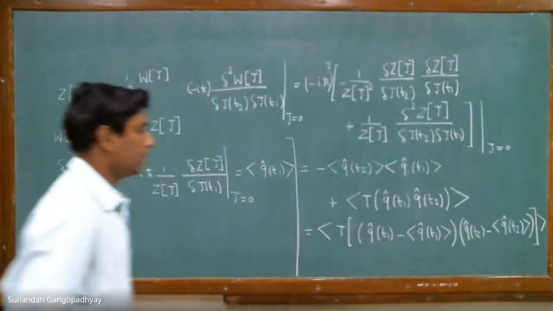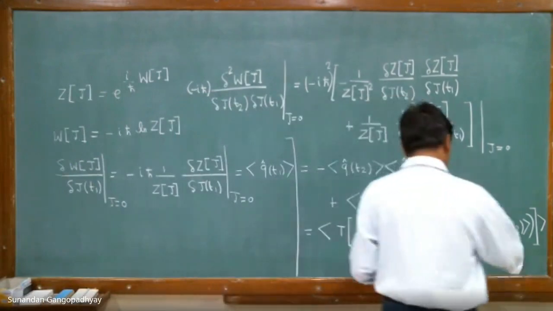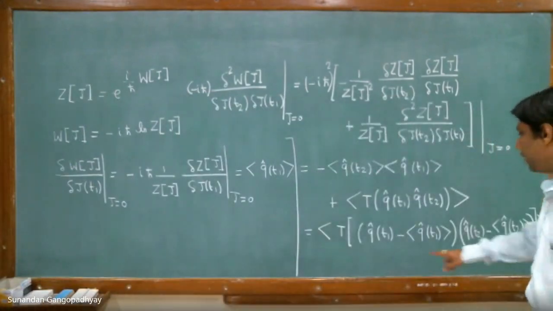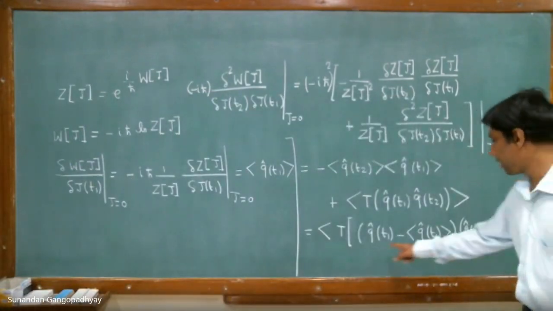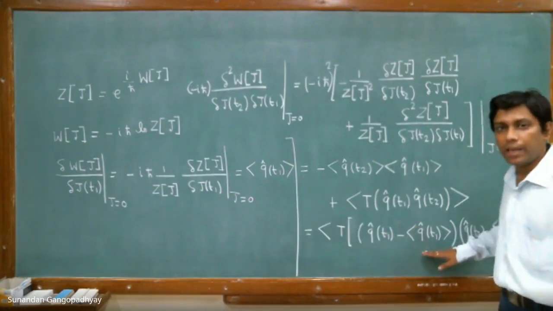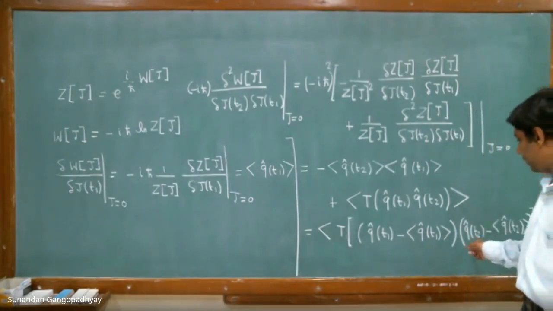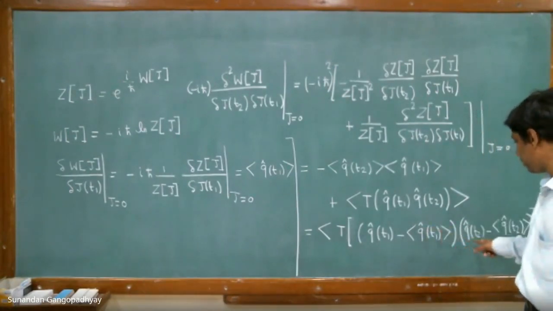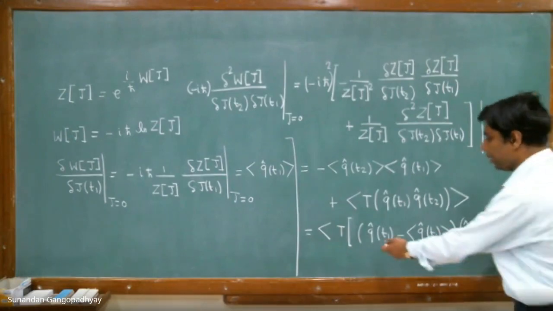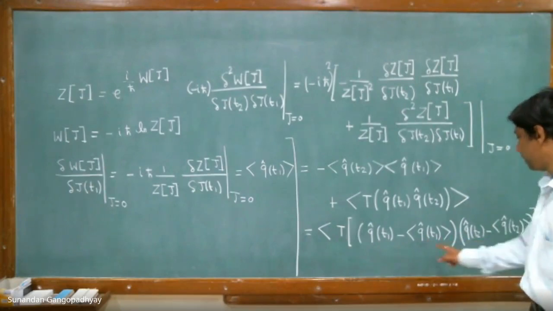This is the expectation. So you can easily check that if you multiply these factors, you will get q hat t1, q hat t2. This is already a number because you have taken the expectation value. So the next term will be the expectation of q hat t1 times the expectation of q hat t2, and there will be this with this, and there will be this with this.